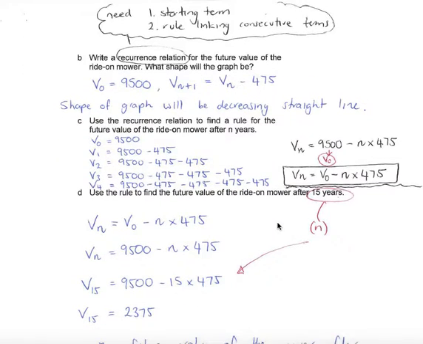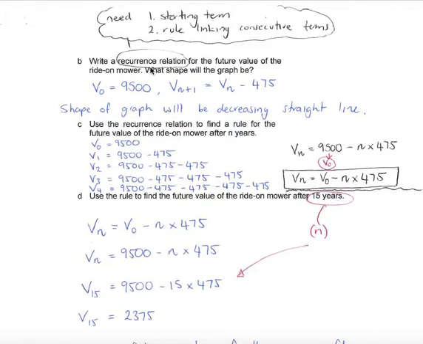Right, so section B is asking us to then write a recurrence relation for the future value of the ride-on mower and what shape the graph would be. Now, it kind of gives us a bit of a hint when it's talking about a straight line or a flat rate, so we should expect the graph to be a straight line.